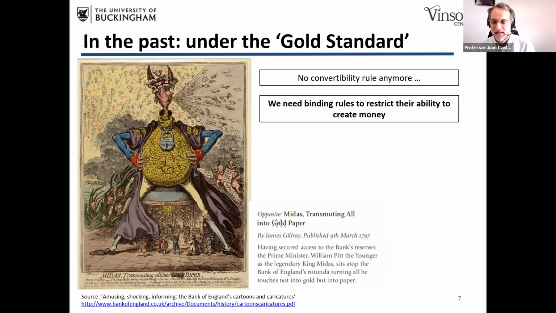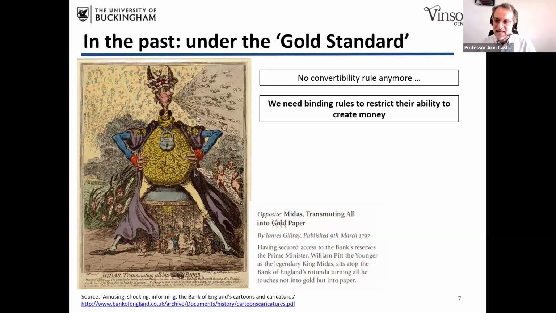But of course, this gentleman had to be careful as to how much money he was printing, because there had to be by law a correspondence between the total amount of notes printed by the bank and the total value of the reserves held by the Bank of England. Why? Because, as you can tell here at the bottom of the painting, money holders could go back to the Bank of England and exchange a note for the equivalent amount of gold at the existing parity.